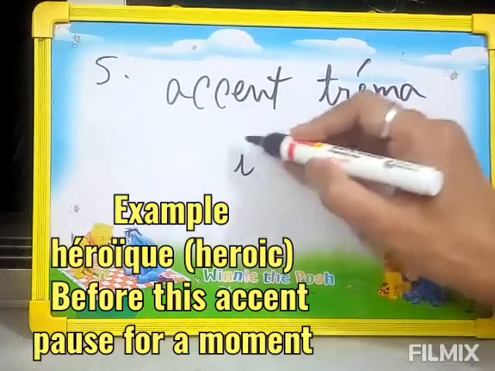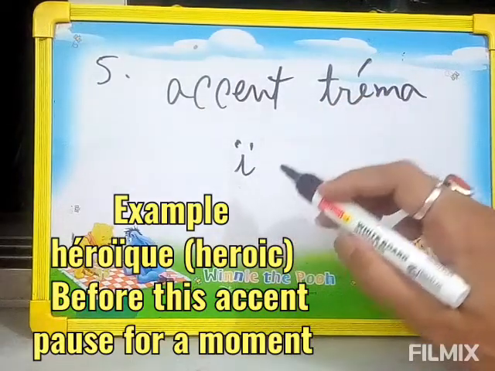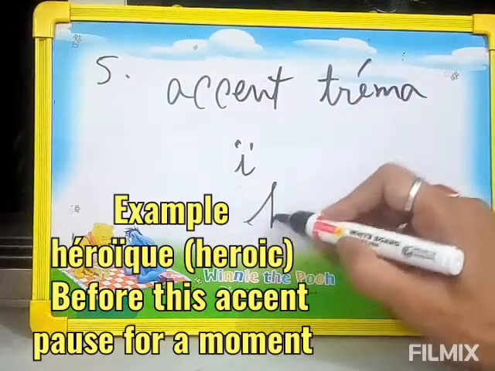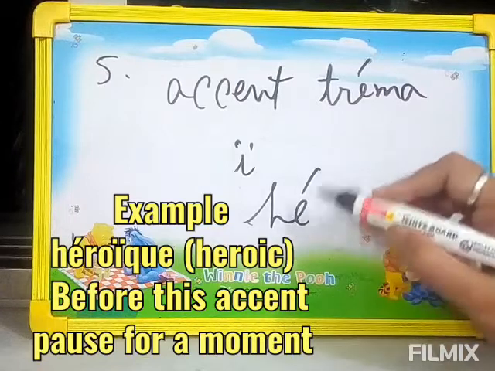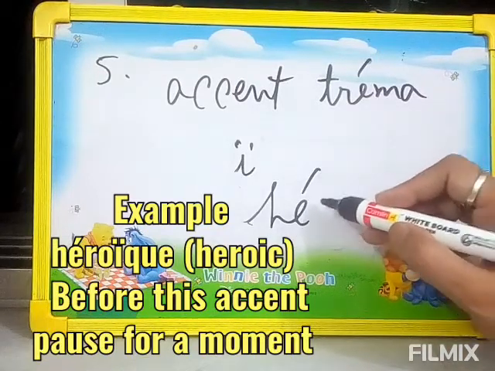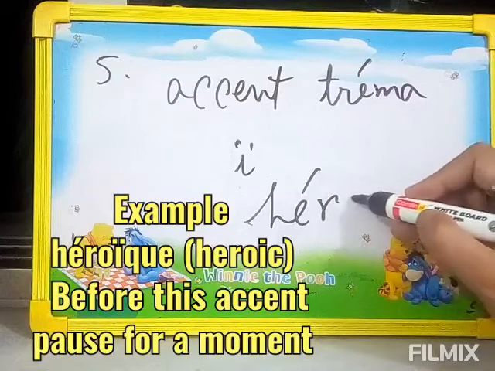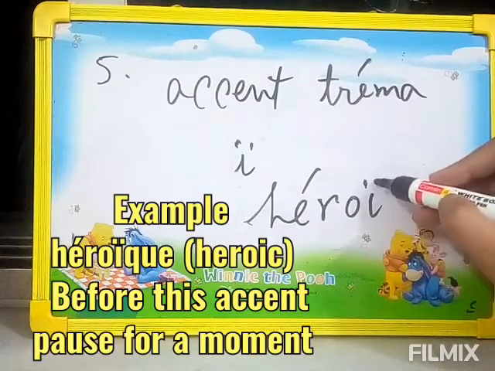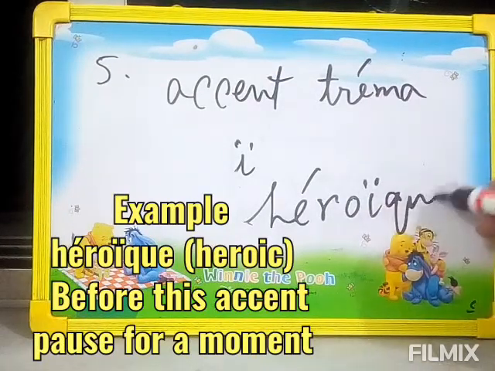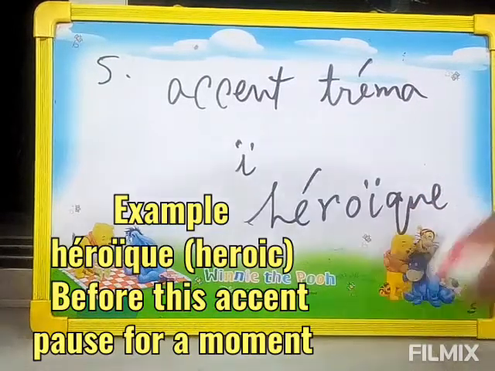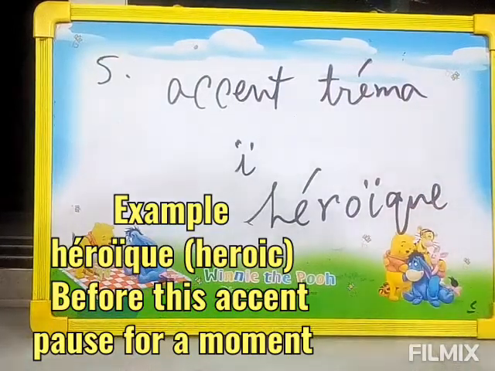Say, for example, O accent aigue, R-O-I with accent trema, heroic. The word is heroic. Heroic means heroic in English.